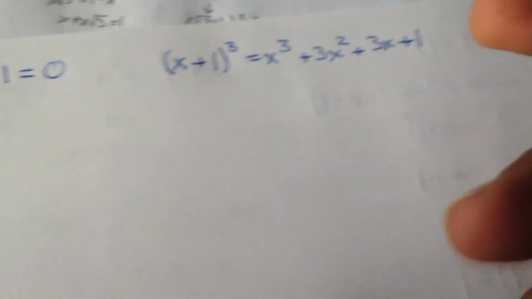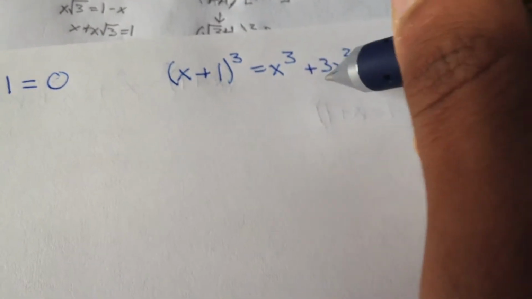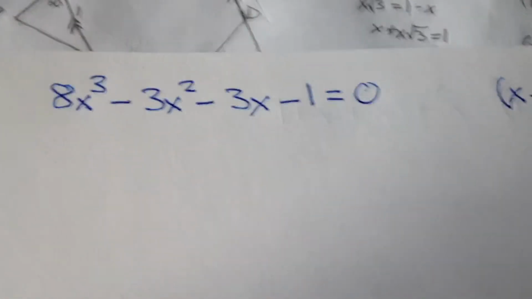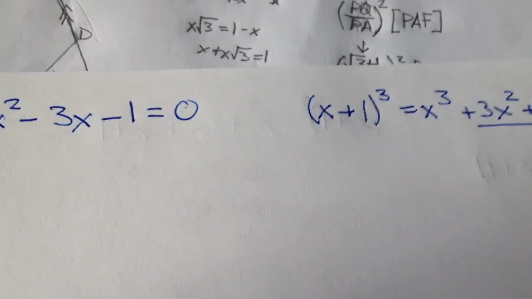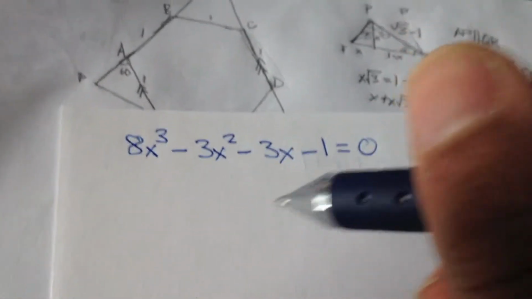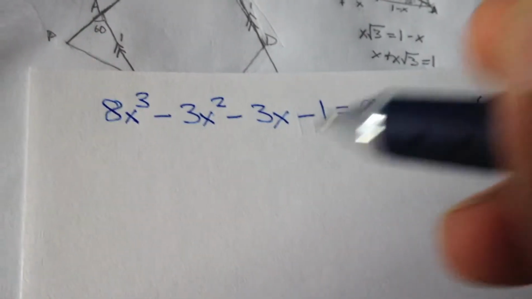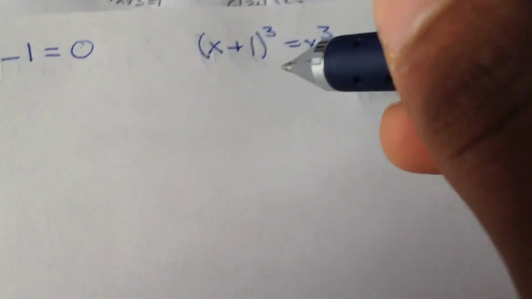It looks like the terms in this expansion, except the signs are just reversed. So how do we get this into this? Well, what we can do is add this to both sides of our equation.